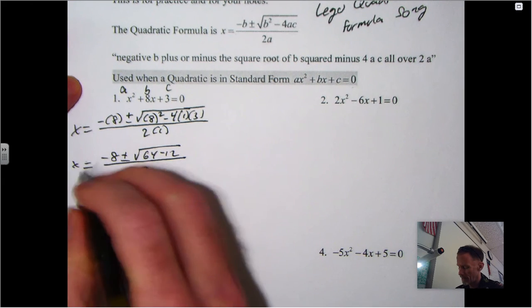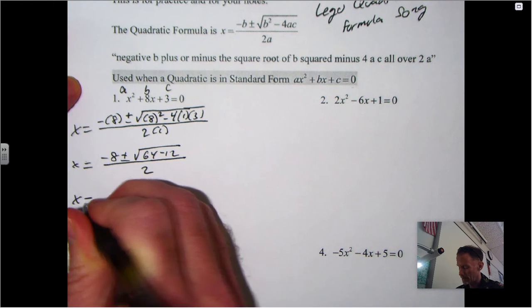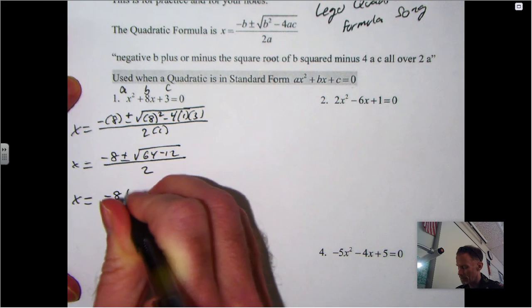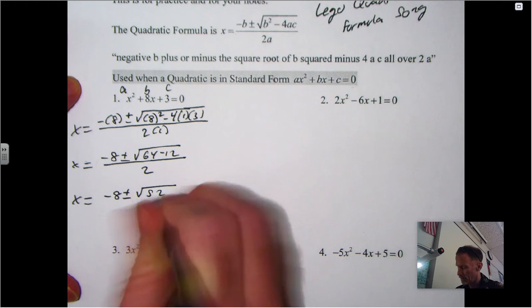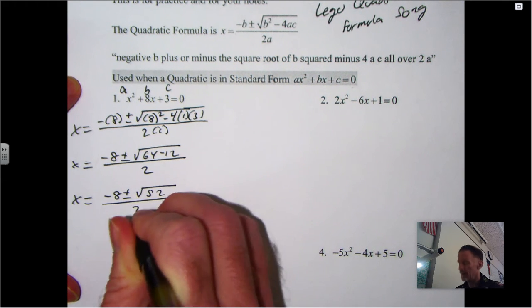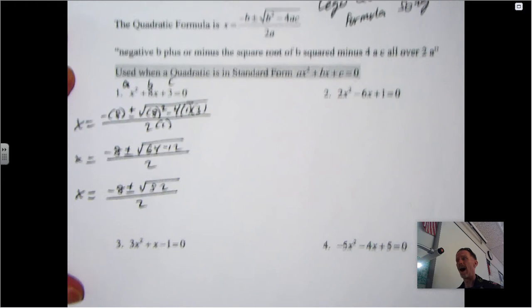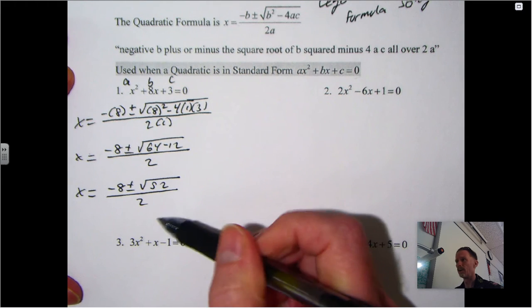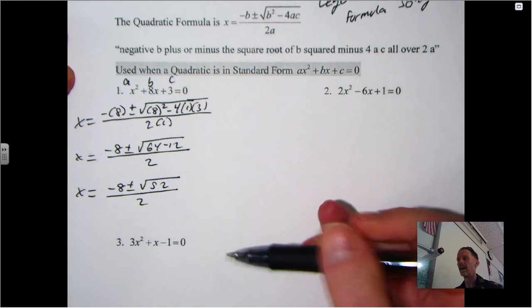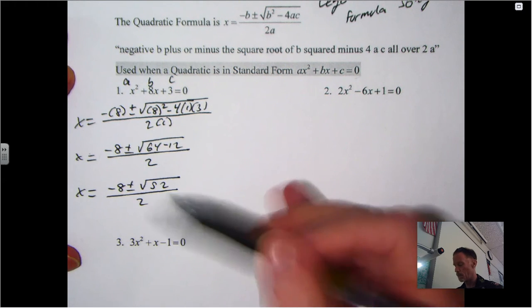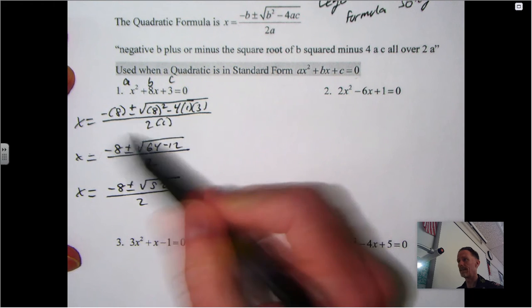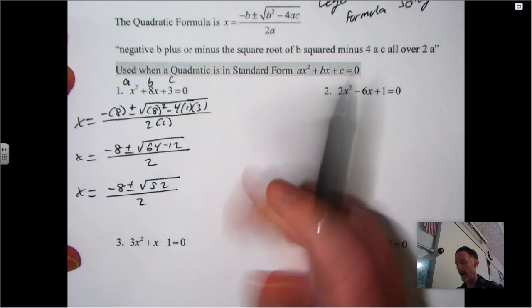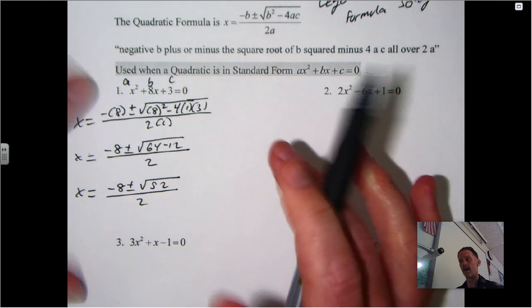And we clean up that inside. x equals negative 8 plus or minus the square root of, let's see, 52 over 2. Now, for the purposes of this video, I am not going to simplify that any longer. I can, but I am all about mathematical equivalence. And if we get this cleaned up to this spot, I am going to be satisfied.